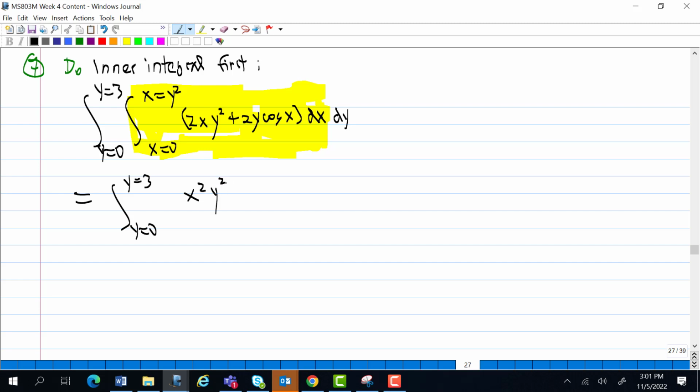The y is a constant now, and then integrate cosine x. You got sine x here, so this will be 2y sine x, because integrating cosine x you get sine x. And then this is x from 0 to x equal to y squared, dy.